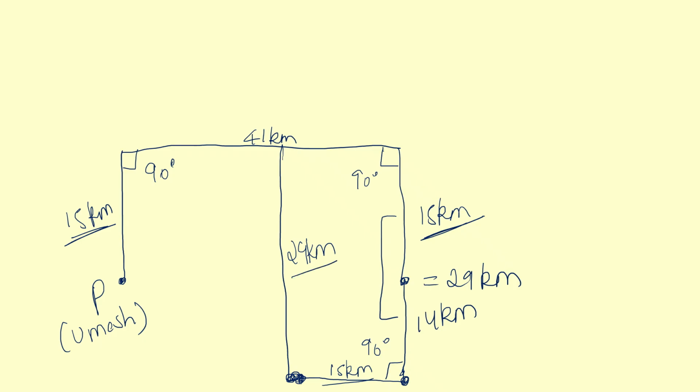So 45 minus 29, how much it will be? 16, correct? So if you travel 16 more, then I'll get 45 kilometer. So if this is 29, this is 16 kilometer. So total of that will be 45 kilometer. Okay, so here also I took a 90-degree turn.